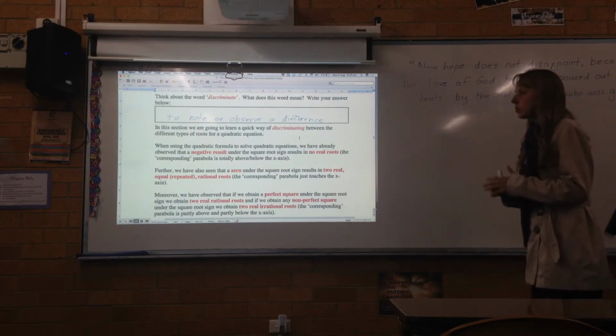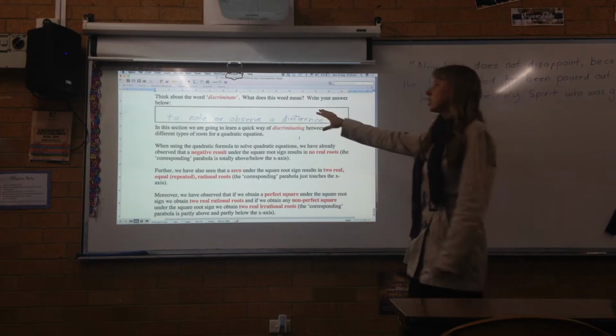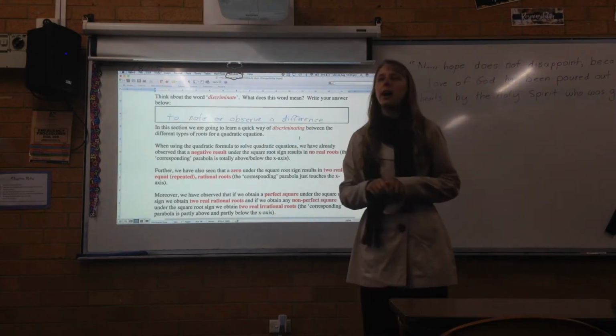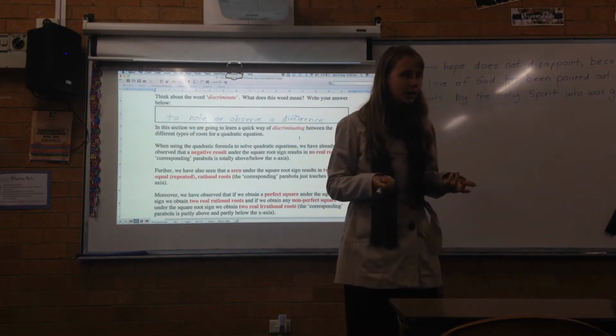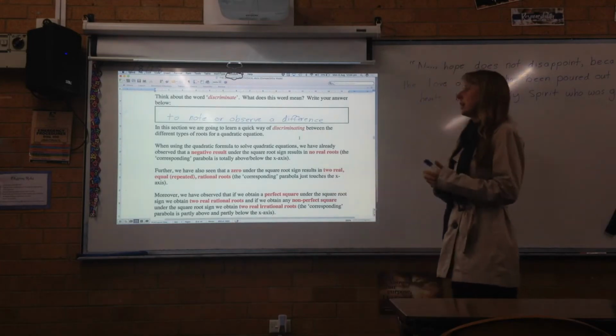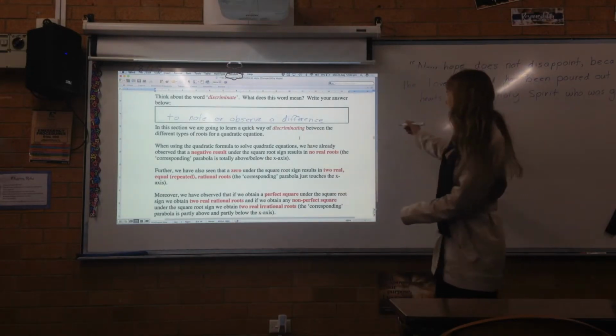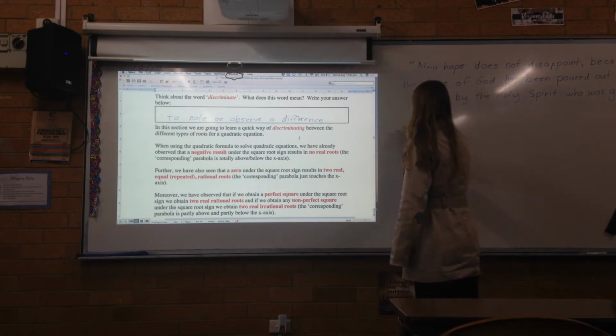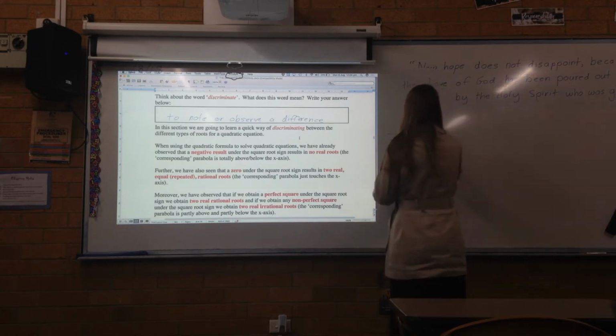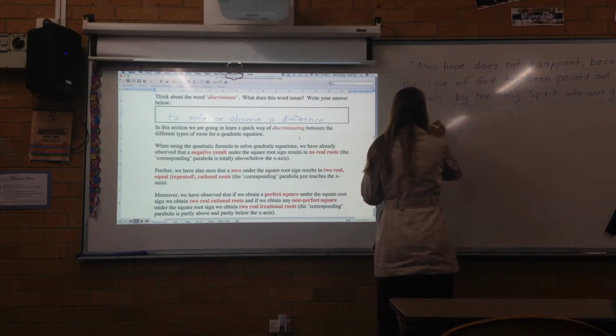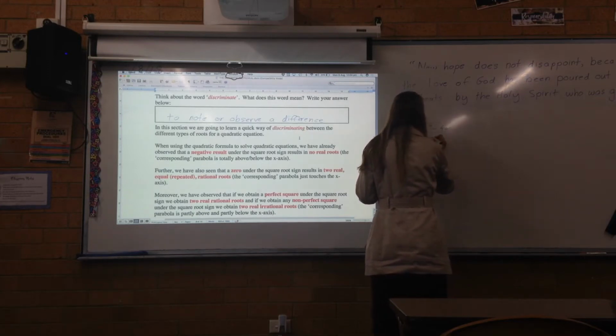So this time we are looking at discriminating between different types of roots for a quadratic equation. We've already been looking at some of these different types of roots. Now, on our quadratic equation, b squared minus 4ac over 2a.